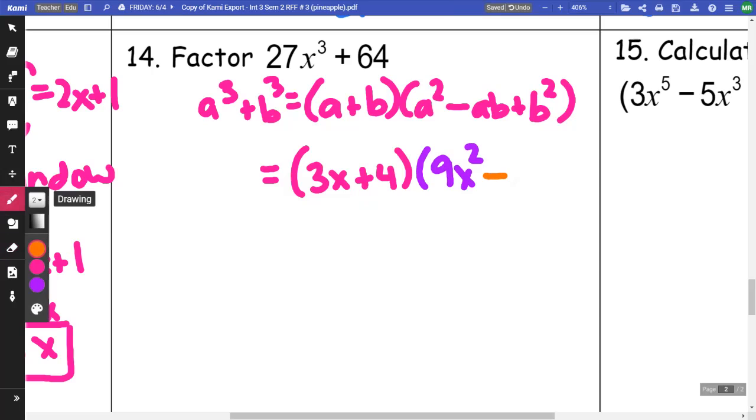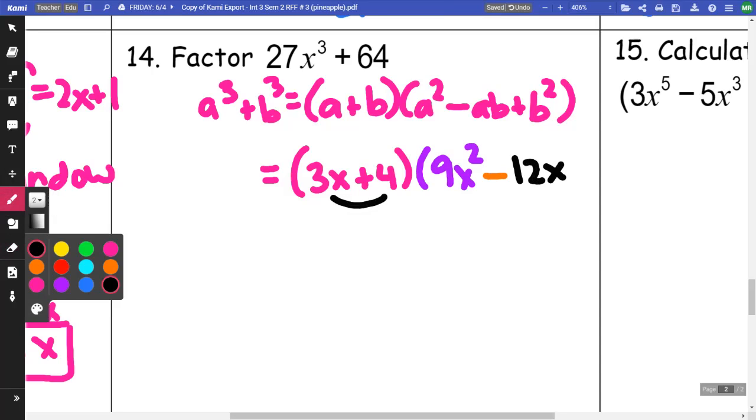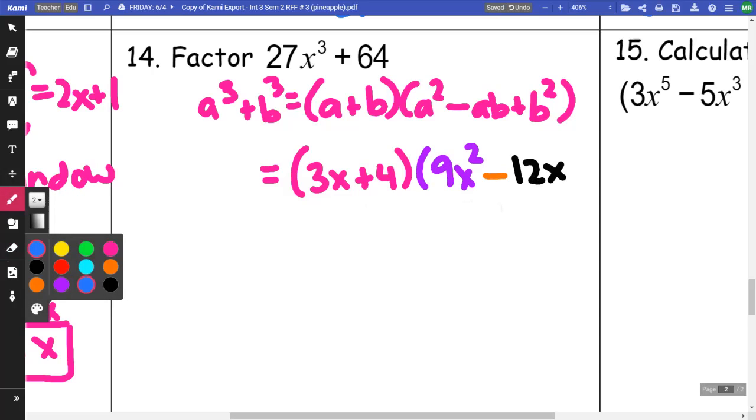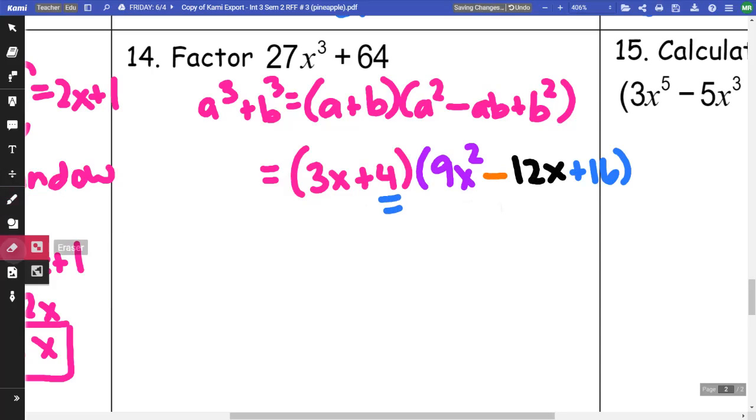I am going to multiply these two things together. So when I multiply these together, I get a 12x. The sign was already determined because since that was a positive, this one's going to be a negative. And then we're going to square our last term, and that's going to be a plus 16. And that's our answer.